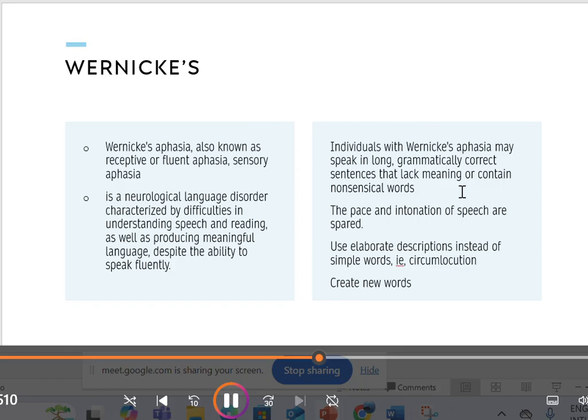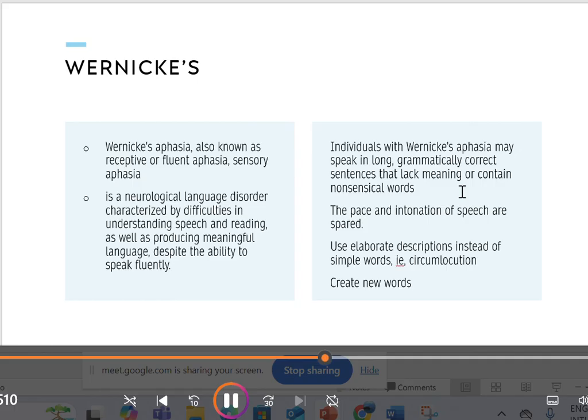Next one is Wernicke's aphasia. The lesion is in Wernicke's area. Wernicke's aphasia is also known as receptive, fluent aphasia or sensory aphasia. Receptive, fluent, sensory. Before it was non-fluent, expressive. Here it is receptive, which means our comprehension is impaired, whereas in the other case, our expression was impaired and comprehension was intact.